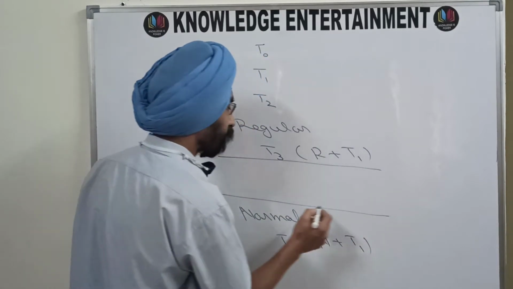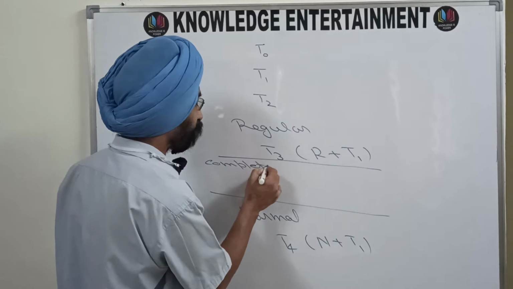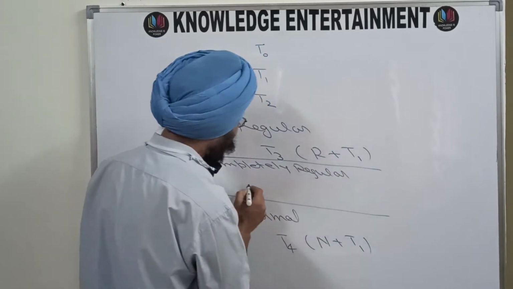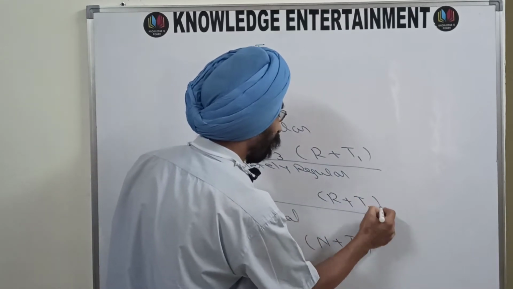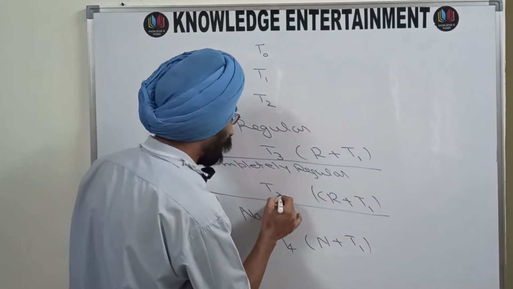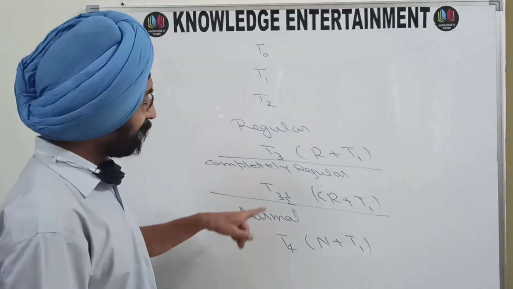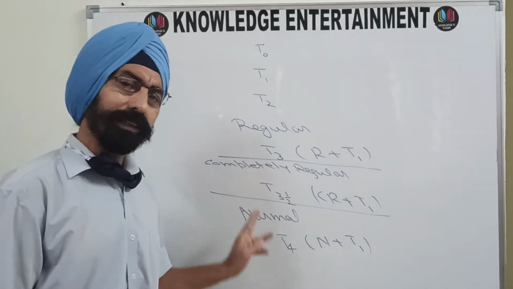So there is a space, completely regular, and if a space is completely regular and T1, then it is called T3 and a half. The question is why it is named T3 and a half. Why not T5? Why not T6?